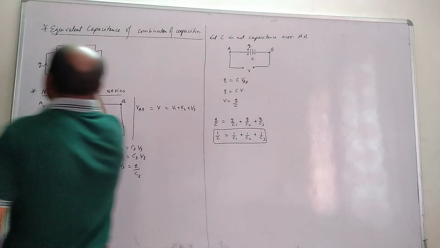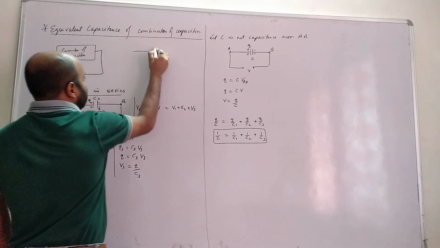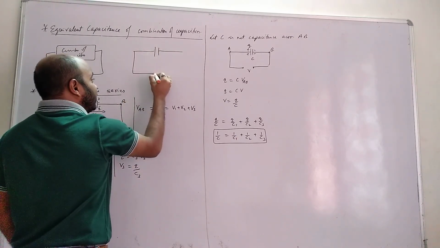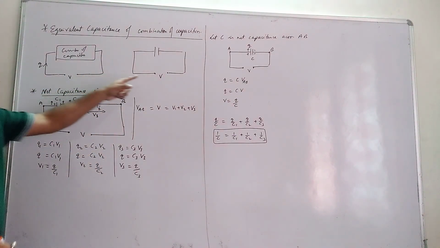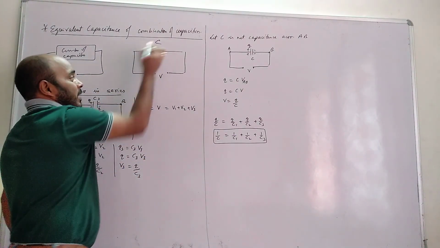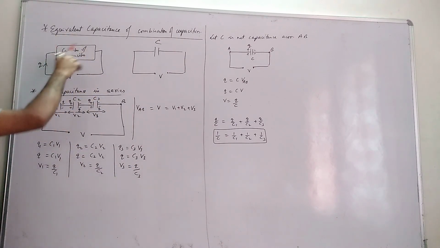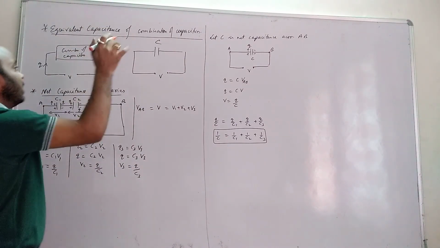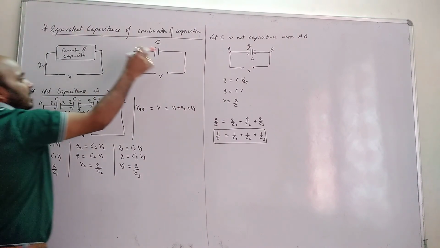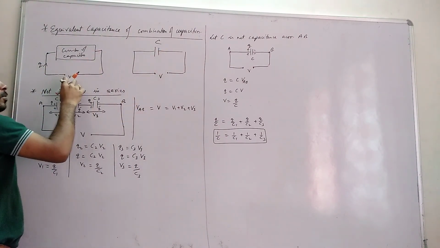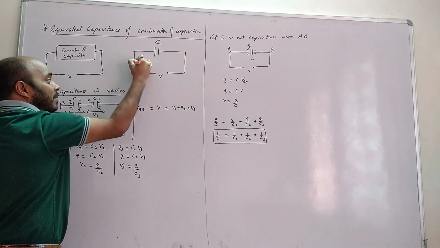Now see, in place of all the capacitors, if we have a single capacitor connected with the same source, I removed all the capacitors across these 2 points, and instead of so many capacitors I am using a single capacitor connected with the same source, and we find that the same charge is coming.